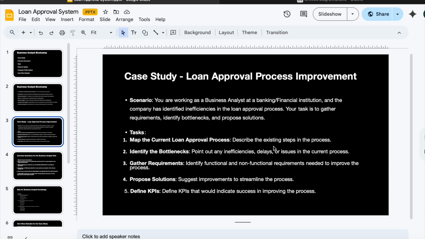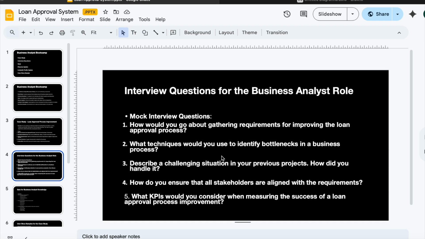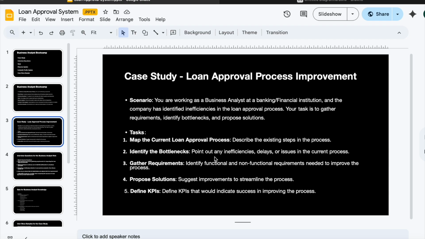Okay, so your task is to map the current loan approval process, describe the existing process and identify key steps. Second step, identify the bottlenecks. So point out any inefficiencies, delays, or issues with the current process. Third step is gather requirements.